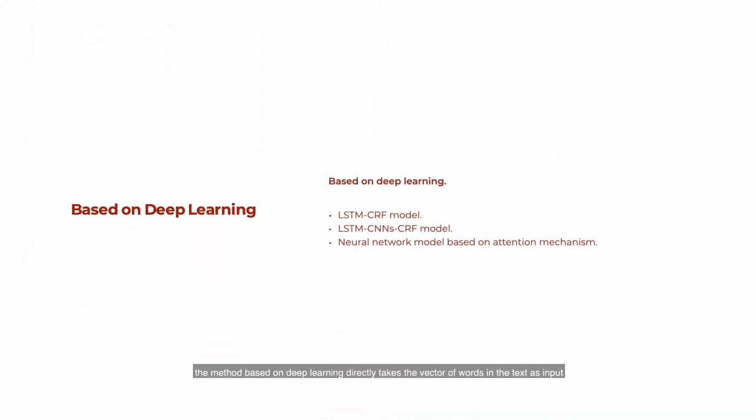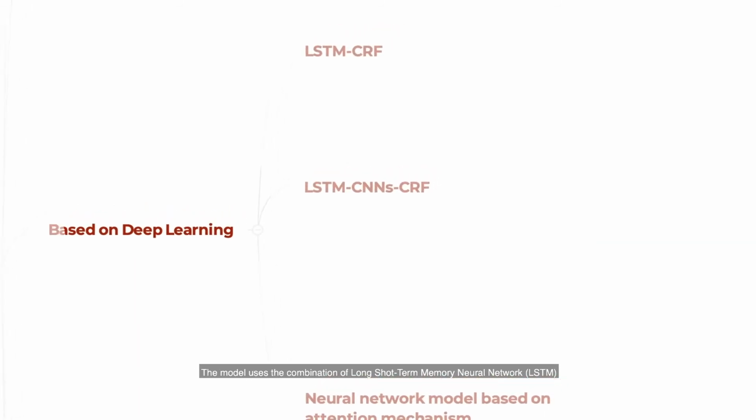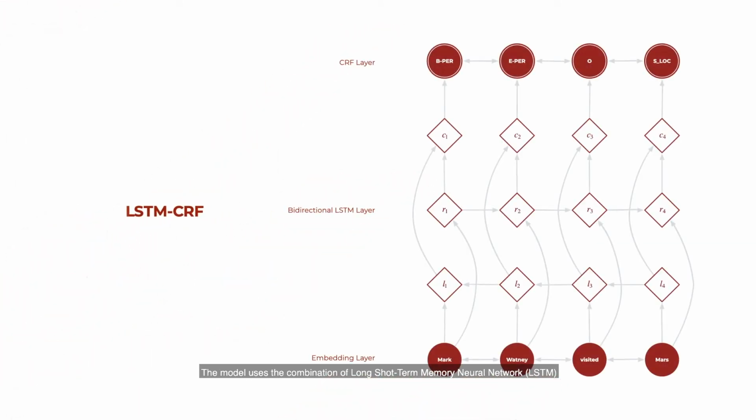Compared with the traditional statistical model, the method based on deep learning directly takes the vector of words in the text as input, realizes end-to-end named entity recognition through a neural network, and no longer depends on manually defined features. The model uses the combination of long short-term memory neural network and CRF to identify named entities.